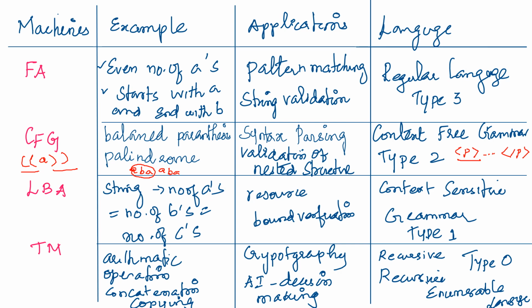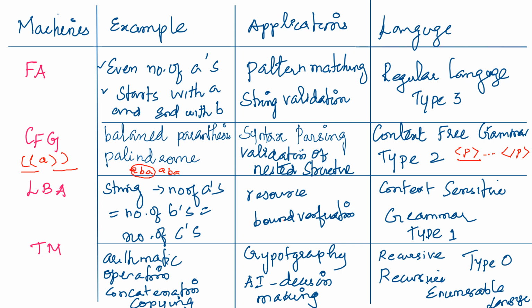Here there are some restrictions on memory, and we can say resource constraints also. For example, the set of strings consisting of a number of A's equal to the number of B's and the number of C's.